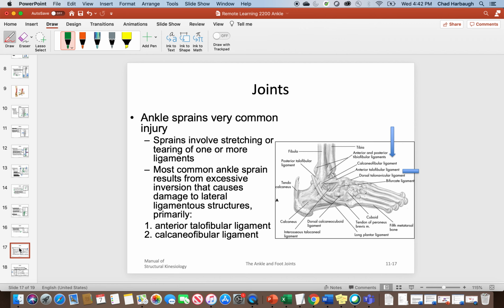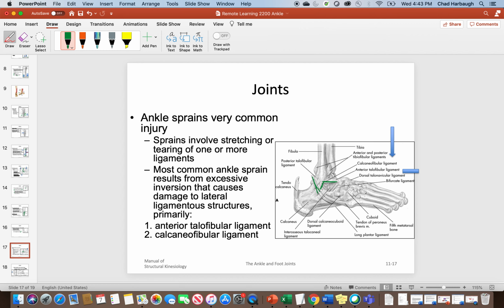Again, when we're looking at ankle sprains, the most common ankle sprain is going to occur around where the peroneus brevis and longus come in. And the structures affected the most are going to be the calcaneofibular ligament, so this ligament right here, and the anterior talofibular ligament, which is located on the outside here, on the anterior surface of the fibula.